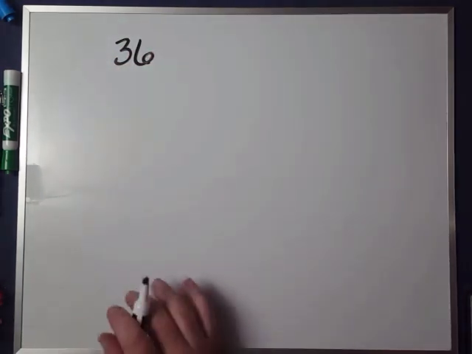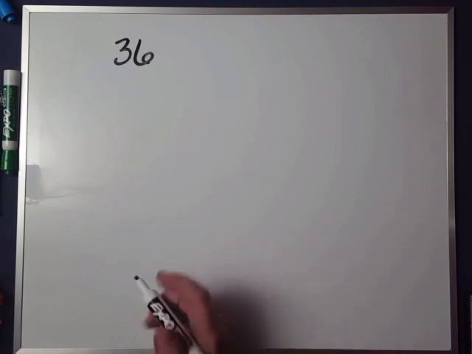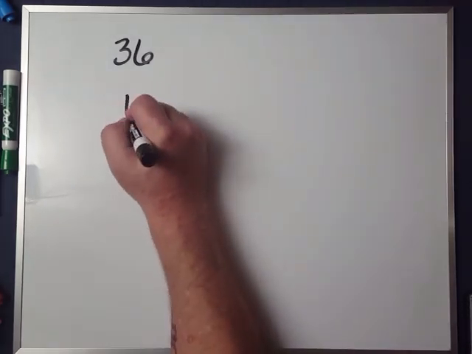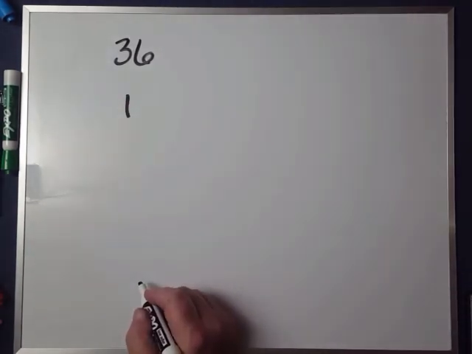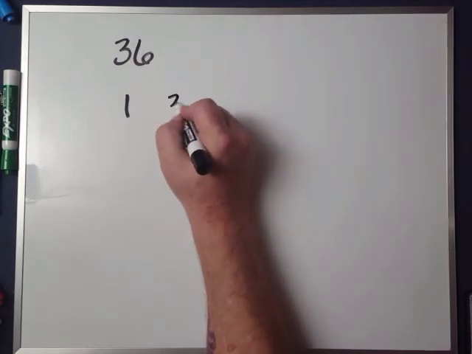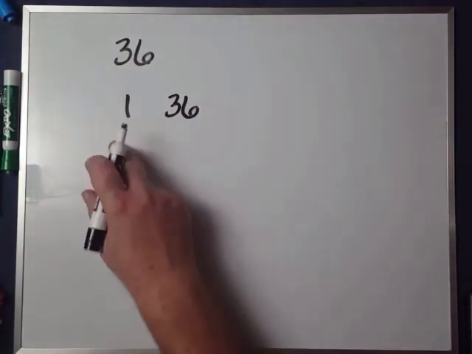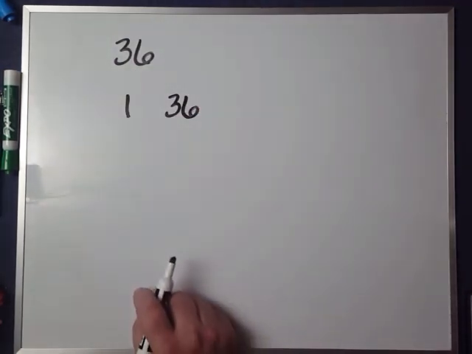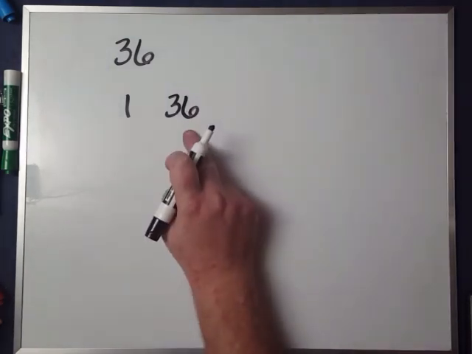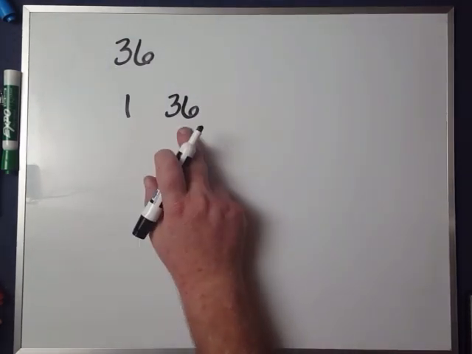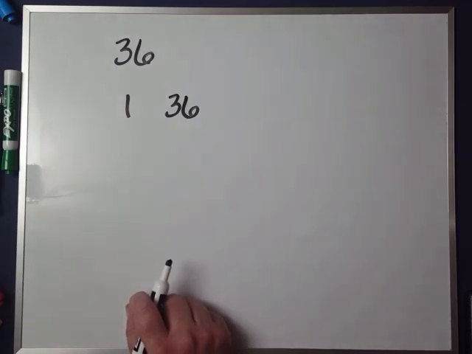And I think the easiest way to do this is start at 1. All numbers are divisible by 1. All numbers are divisible by themselves. So 1 and 36 are both factors of 36. In fact, that's a factor pair because they multiply together to give you 36.